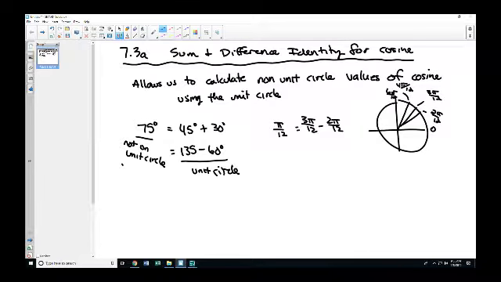These angles are actually pi over 4 and pi over 6. Those are the unit circle angles that you're going to use. Use the common denominator.